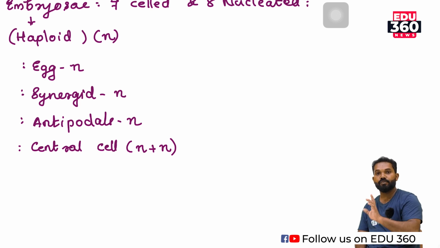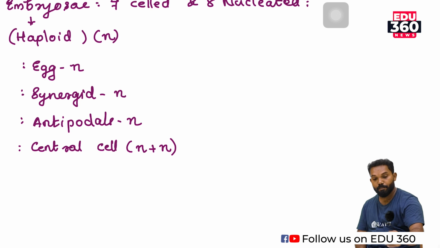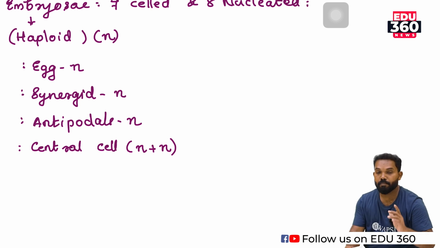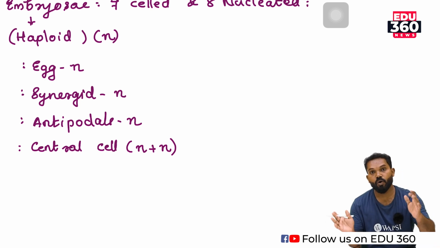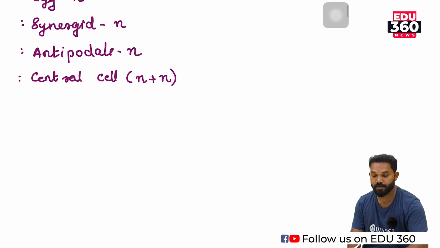That means pairs of chromosomes are present. In the case of a central cell, there are 2 polar nuclei and each nucleus is haploid in nature. So n plus n condition. That means all the cells of the embryo sac are in the n condition, haploid in nature.